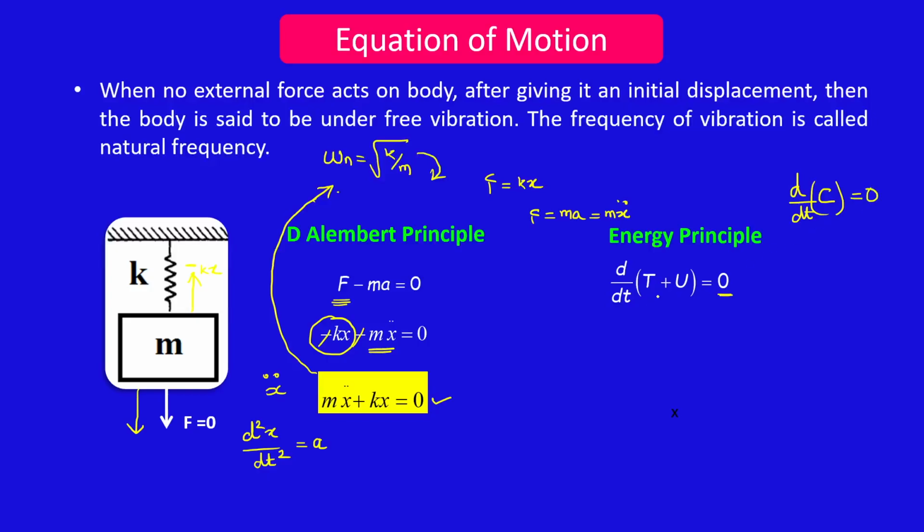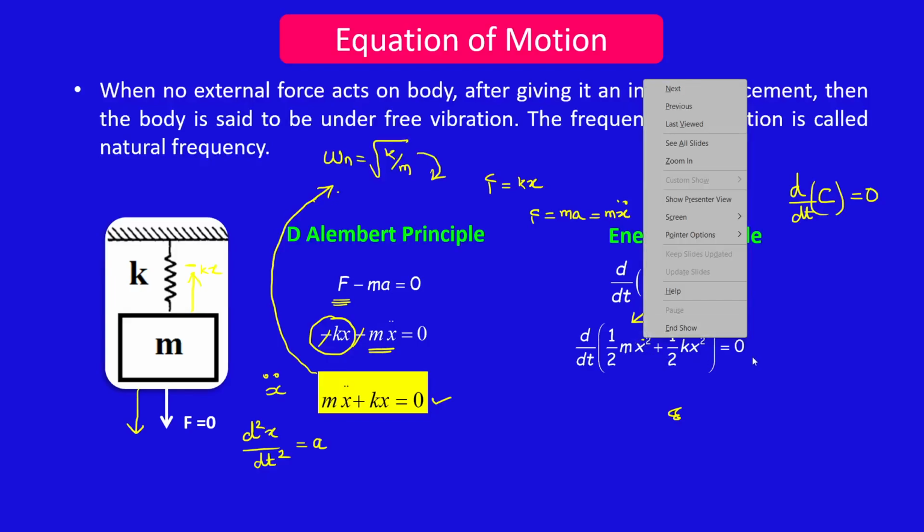Total energy is nothing but potential energy plus kinetic energy. What is potential energy? We already derived in the previous slide, U equal to half kx squared. What is kinetic energy? Half mv squared, where v is x dot, so this is half m x dot squared.